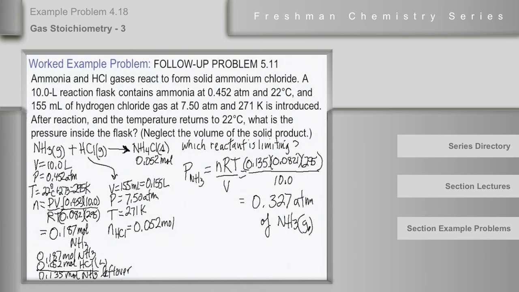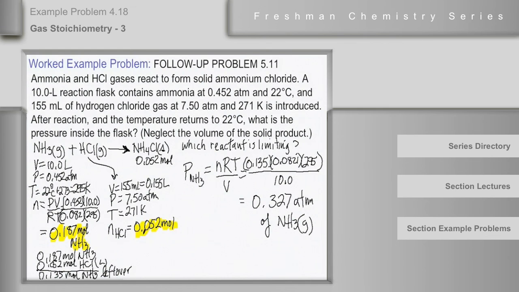This is complicated, but if you take it step by step, each step is relatively easy. Let's review them. We have, first of all, the calculation of the number of moles of ammonia, 0.187 moles. Then we have the calculation of the number of moles of HCl, which is 0.052.